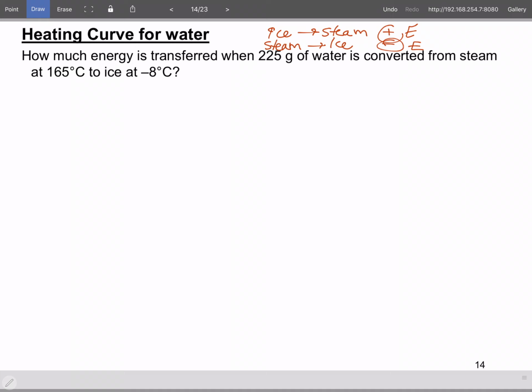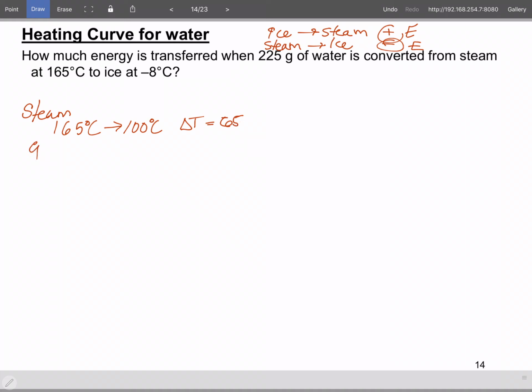So we're going to start at steam. For the steam, we're going to move it from 165 degrees C to 100 degrees C. So for steam, that is a Q problem. Delta T is equal to 65.